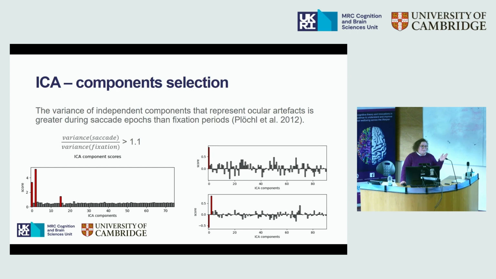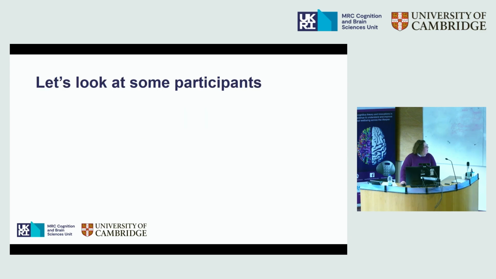Basically, the assumption is that during saccade events, components that relate to eye movements will be more active, so there will be a higher mean variance during saccade events than during fixation events. In this way, we don't get just the two components that we get with the traditional approach, but we also get another component which is related to the spike potential.